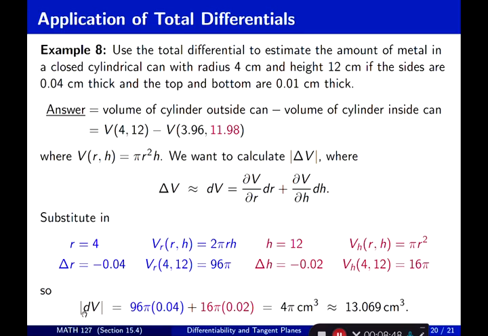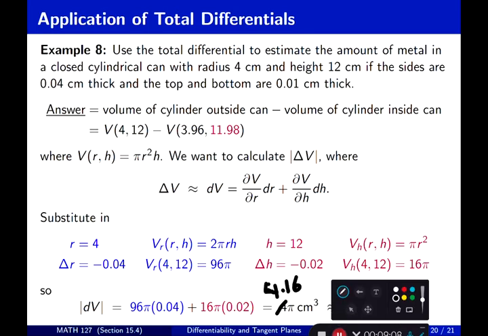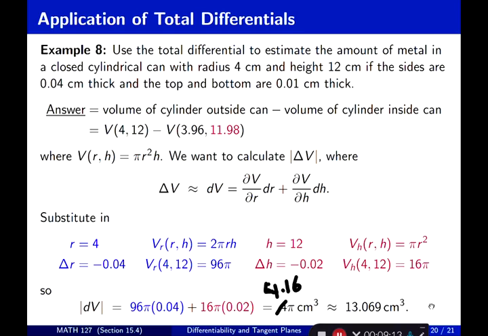Because it's absolute value, I got rid of both negatives. So it's approximately 4.16 pi cubic centimeters, which is approximately 13.069 cubic centimeters.